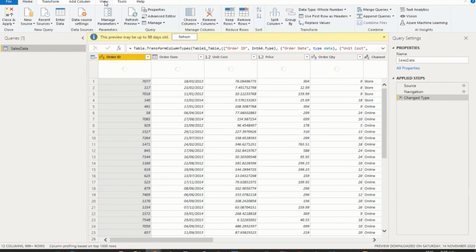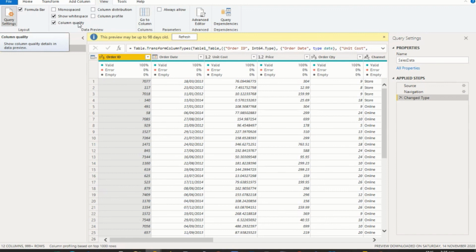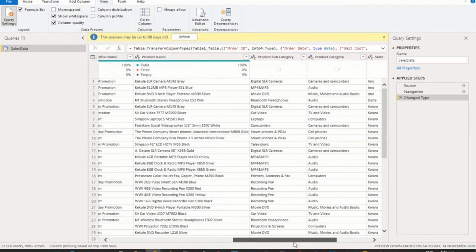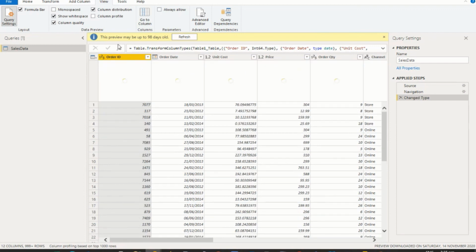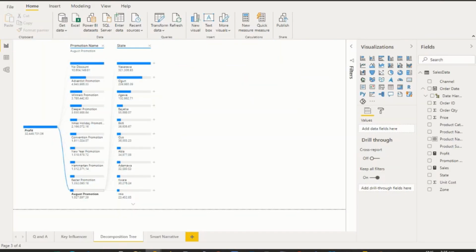There is a tool under View, called column quality. Immediately, it will help you analyze the quality and whether there are errors. Can you see error is 0%? There's no error here. There is no empty space here. If there's any error on any of this data that I've put in, it will quickly show me. It can even show me the distribution detail. All these are wonderful tools that within a few seconds will help me check through 1 million transactions and tell me if there's any error there. So I need to clean up the errors for better data analysis. Thank you.